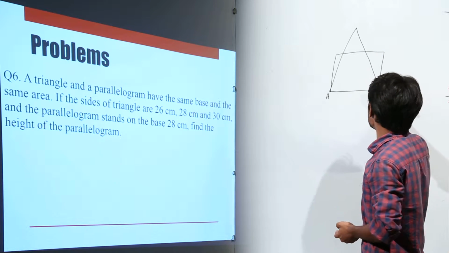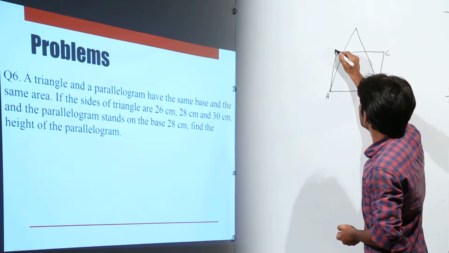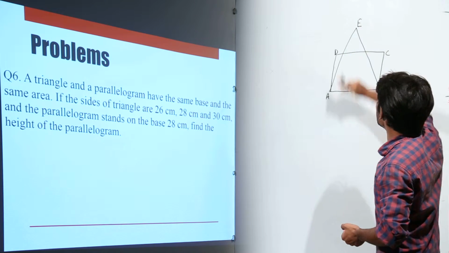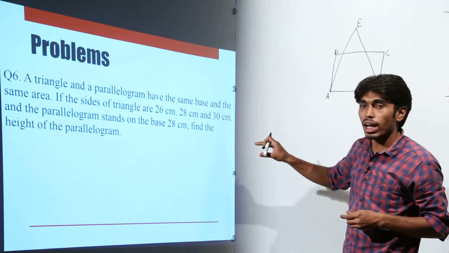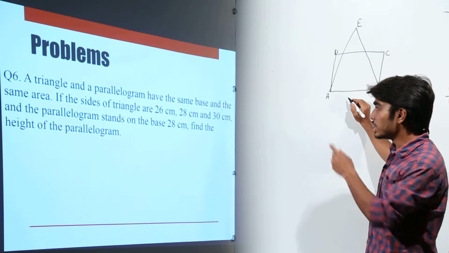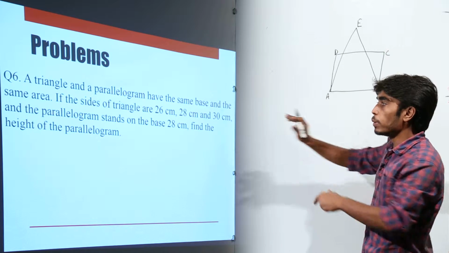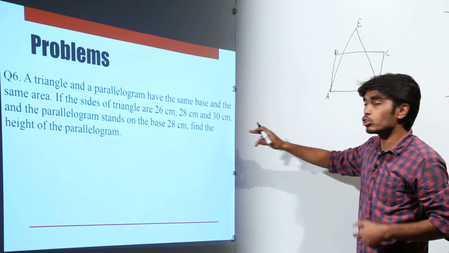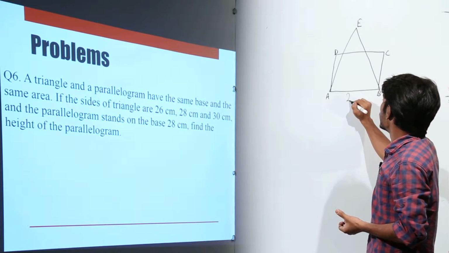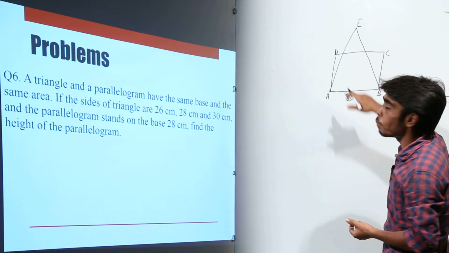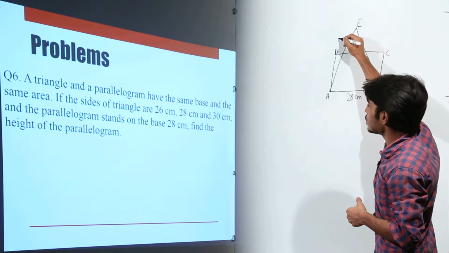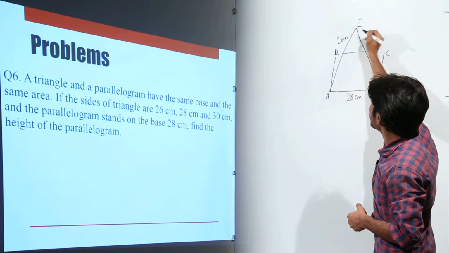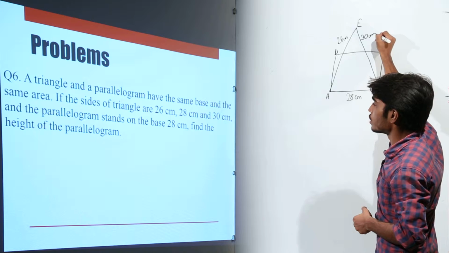The parallelogram is ABCD, and the triangle is AEB. The sides of the triangle are given as 26, 28 and 30. But the parallelogram stands on the base 28. So the common side is 28. This side is 28 centimeter, common between the triangle and the parallelogram. The other two sides are, let's say, 26 and 30 centimeter.